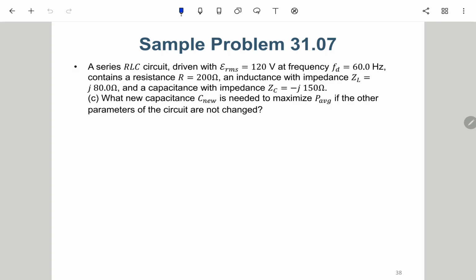Okay, so for part C, it asks what new capacitance C new is needed to maximize P average if the other parameters of the circuit are not changed.